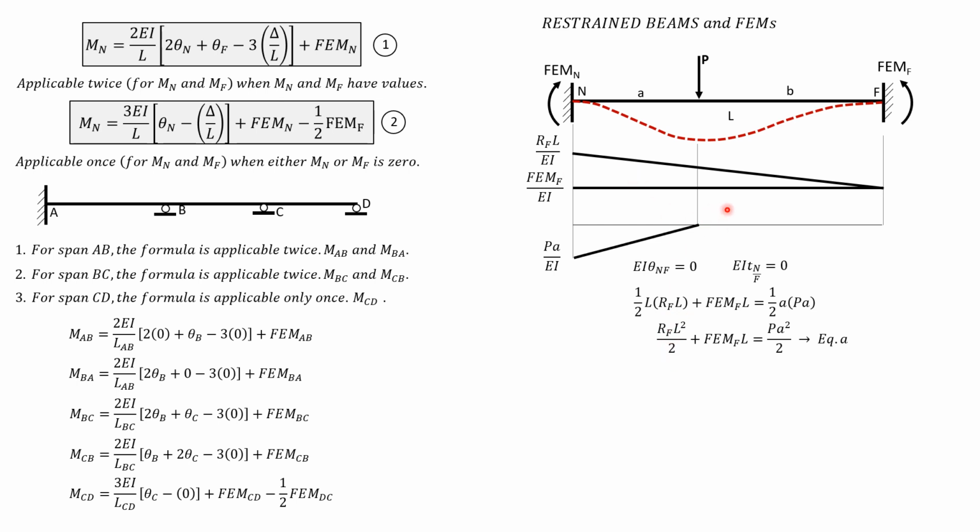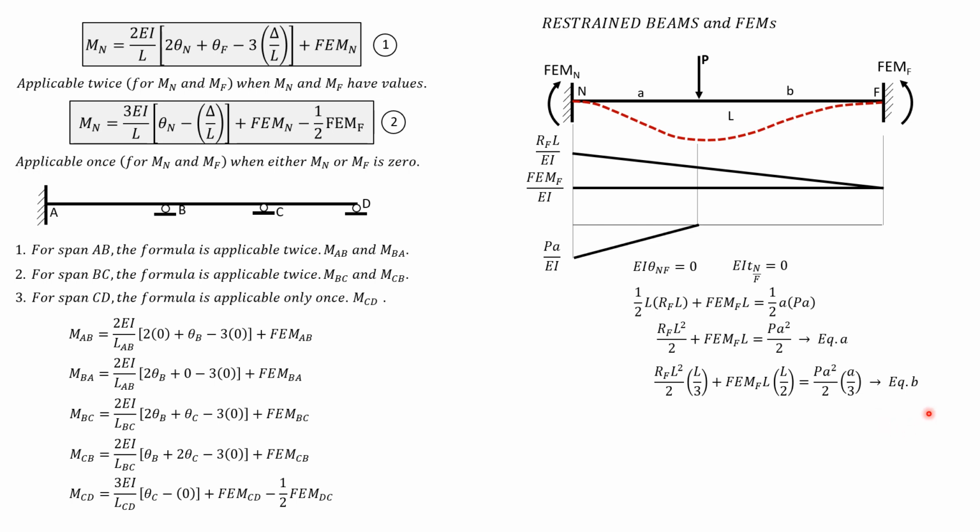For the fixed moment F L, multiply by L over 2. Then for PA squared over 2, the moment arm, or distance of the centroid from the near end, is A over 3. So again, RF L squared over 2 times L over 3 plus fixed moment F L times L over 2 equals PA squared over 2 times A over 3.